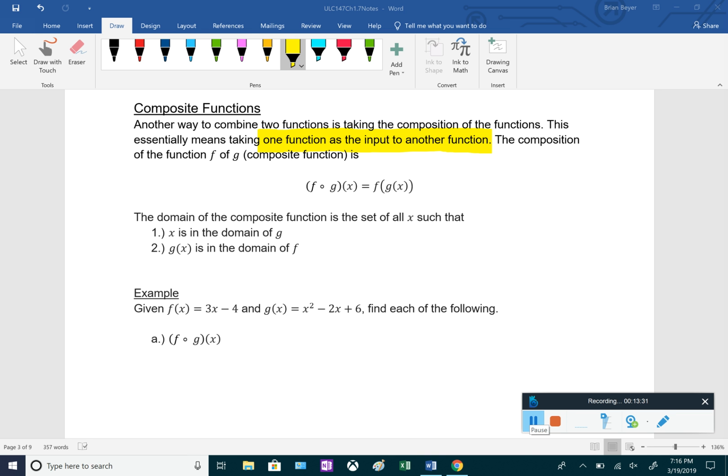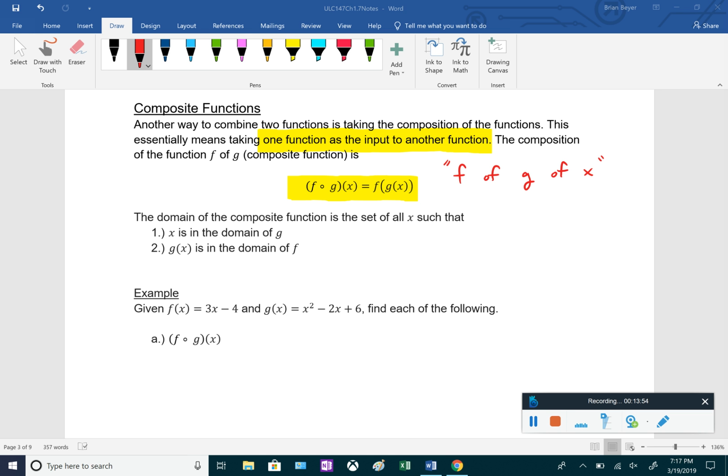So we're inputting a function into all of the x's in another function. And the way that we can write this is with that little circle, f of g of x. And we can also write it like this, f of g of x. And then we read it just how I said that.